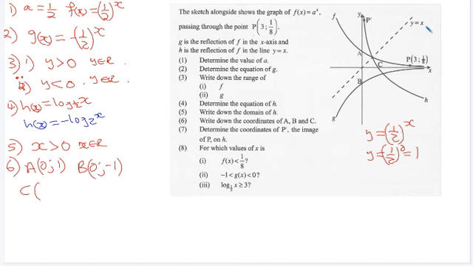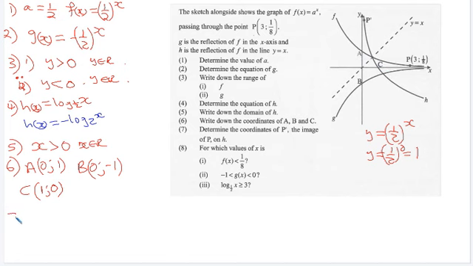So when we talk about reflection in the line y is equal to x, we talk about swapping. So if it was 1, 0, here it was 0, 1. Here it becomes 1, 0. There we are. We've just swapped the x and the y because these two are reflections of each other in the line y is equal to x. And that was B, that was 6.